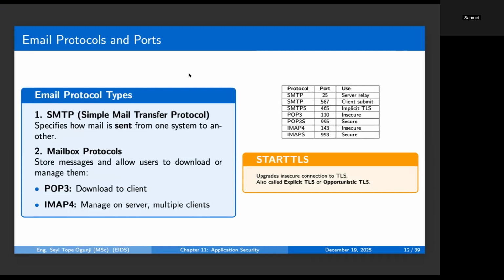That means the way the email is sent out to the recipient, going through some servers. We have some ports used for email in SMTP. So we have port 25. Port 25 is server to server. Think of it this way, like post offices talking to each other.